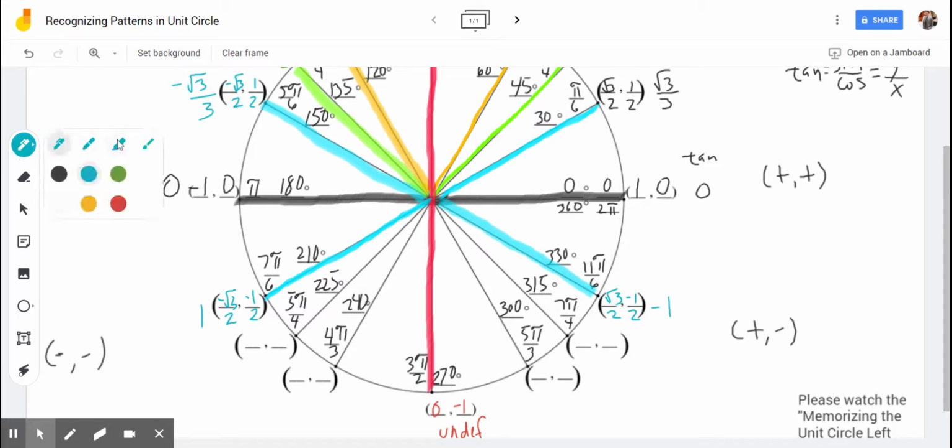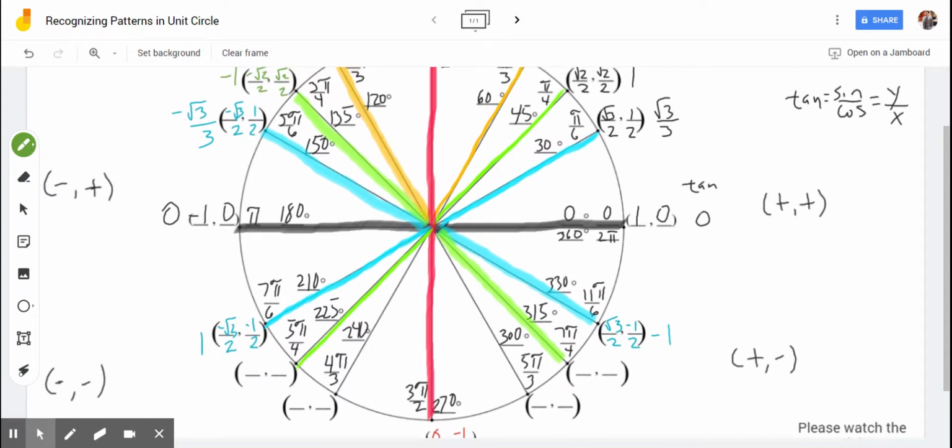Let's fill in the values that correspond to the 45-degree reference angle, or pi over 4. So that would go to 225 here, and to 315 in quadrant 4. So therefore, our values here would be negative radical 2 over 2, negative radical 2 over 2, and 1. Oops, I have to change this value here.